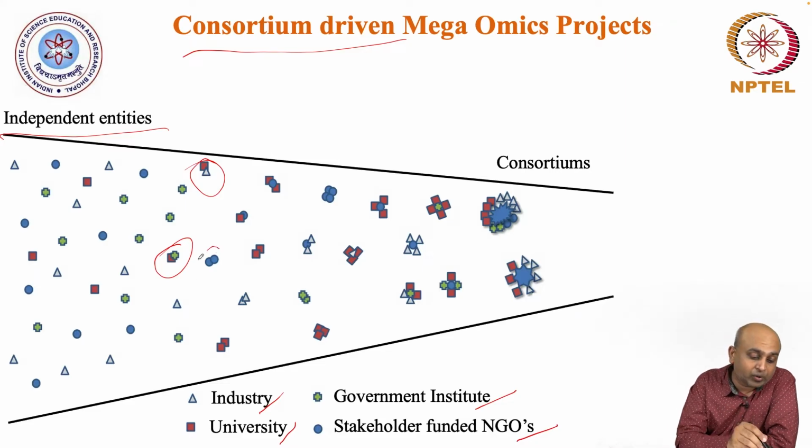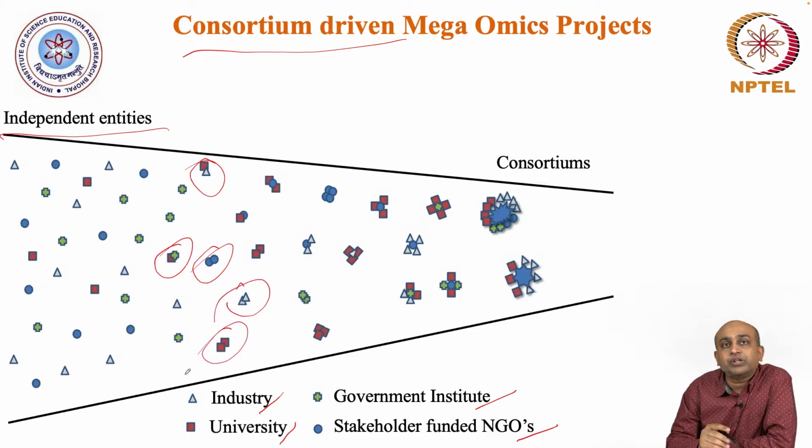Or you could have two NGOs coming together, or you could even have two industries coming together, two universities coming together. So consortia need not be always between different types of organization. It's just like pooling of resources, whether it is within the same university system or across the university system.